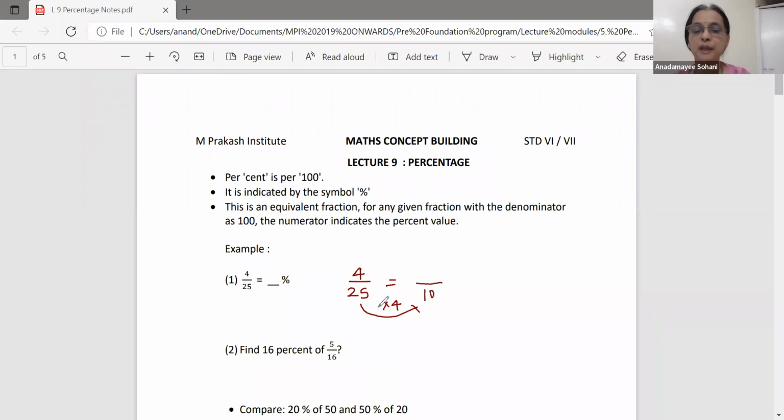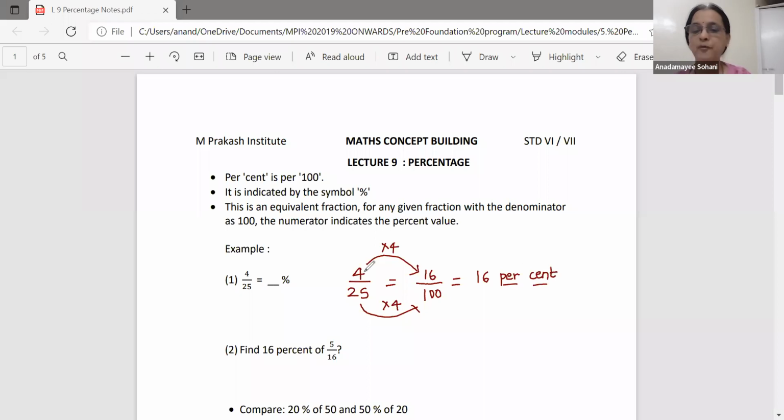And if I'm multiplying the denominator by 4 to make it equivalent, I have to multiply the numerator also by 4. So I will get 16. So 4 upon 25 is 16 upon 100. And this is nothing but written as 16 per cent. Per is for every 100.